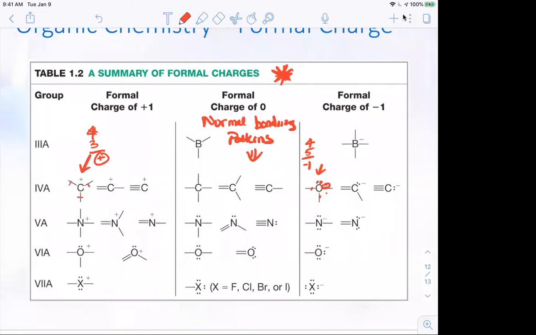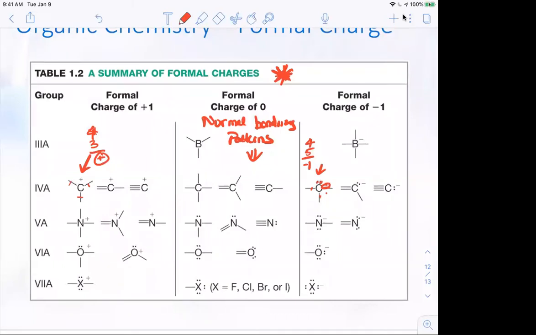You should probably know these different species, because these are the ones that are going to be commonly seen in organic chemistry. Carbon can be positive, can be neutral, and can be negative. So can nitrogen, and so can oxygen. And what we have to figure out is, based on the Lewis structure, where my charges are and what they mean for the overall structure.